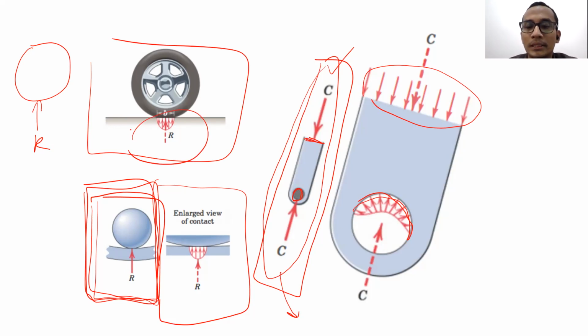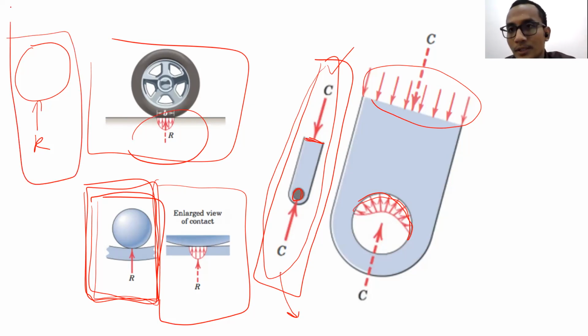So it is very important for us to discuss the effect of the distributed force in the structure. When we simplify things into a concentrated force like that, and when we analyze it as a distributed force, the analysis is slightly different.